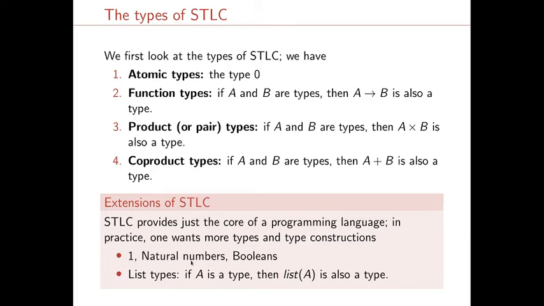For instance, if A is a type, then list of A is also a type. For the purpose of this discussion of the simply typed lambda calculus, we will only discuss these four type constructions: the atomic types, the function types, product types, and coproduct types.